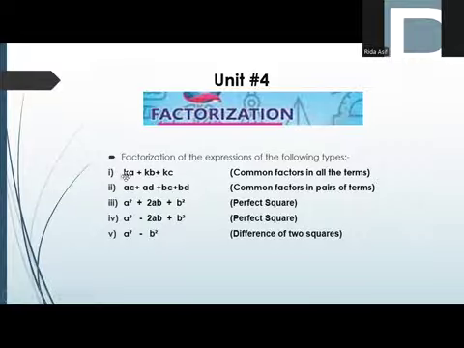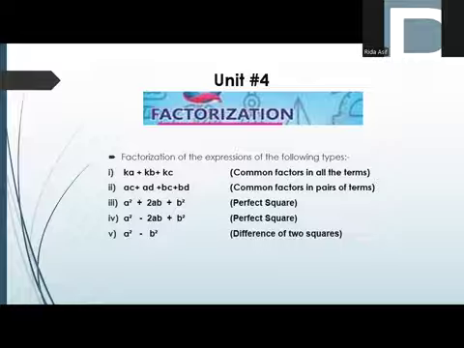Here we can see that in all these three terms, K is common. So we are going to use the first type of factorization, that is the common method, right? We use the common method in such kind of expression. So this is all about the starting of our unit number 4, factorization.